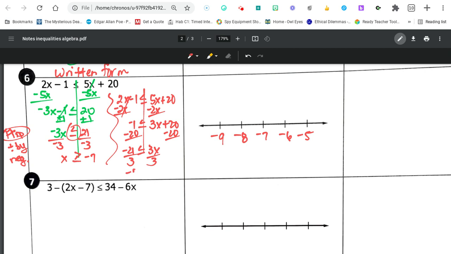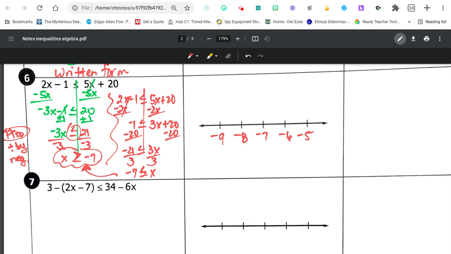But this time when you divide, you would have ended up with -7 less than or equal to x. If you don't like the number being first, you could have just rewritten it by flipping everything around so it looks like this. But if you flip everything around, this less than is going to flip to greater than, okay?